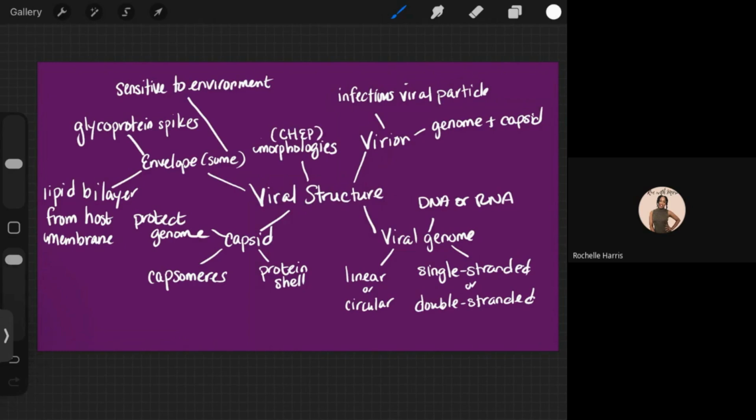So we have complex, we have helical, envelope, and P is polyhedral or icosahedral. And I'm running out of space, so we're going to loop it up top. Icosahedral.